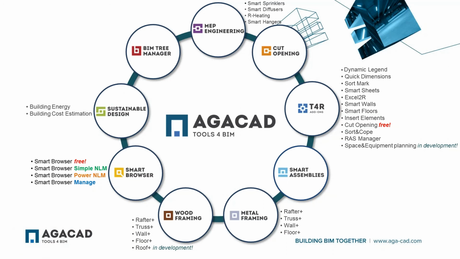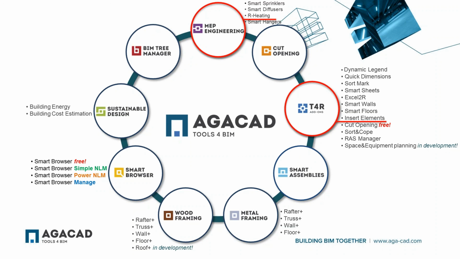And here is a bucket of our tools. So we spoke today about R heating and a little bit about insert elements. But I just want to make sure that you know that we have more of those tools, like cut opening for making openings, smart diffusers for ventilation, smart sprinklers for fire protection design, hangers, sustainable design for calculation of energy.